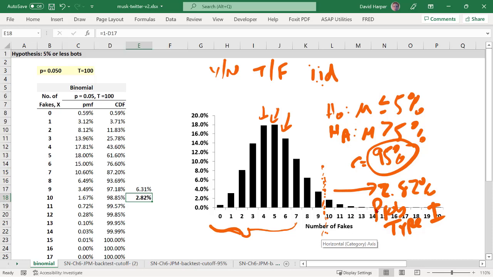However, we do still risk a 2.82% probability of a type 1 error, which is to say we run the risk of rejecting a null hypothesis that in fact was true, because you can see it's possible. It sort of stretches the imagination.